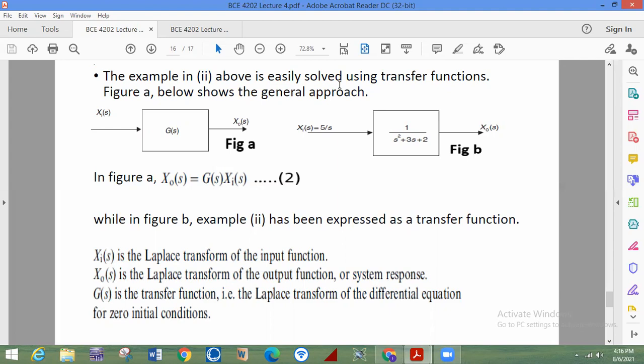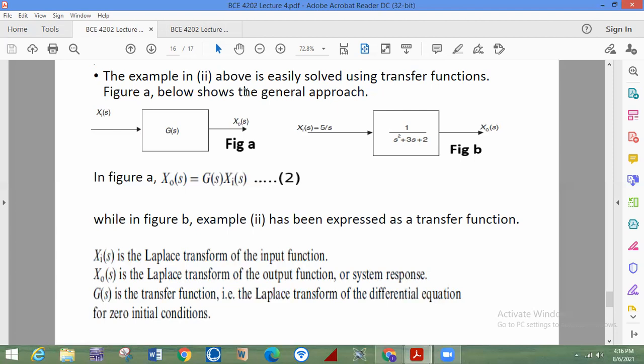So after modeling, you come to transfer functions. Then with a transfer function, you do a Laplace transform to come to a point where the controller you're going to design understands what you're trying to do. All these steps, all these activities are aimed at designing a controller for a control system, as we shall see later on, I think in the next meeting.